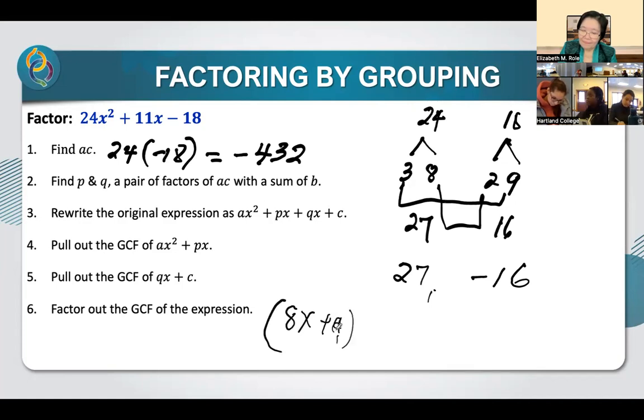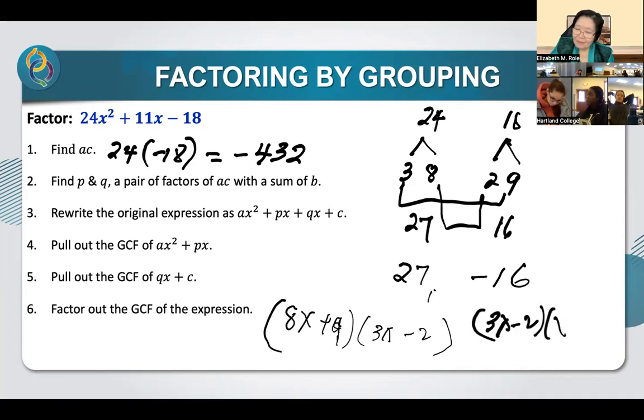Yeah, that's right. Very good. 8x, or some of you might have the other way around, 3x minus 2, 8x plus 9. Nice.